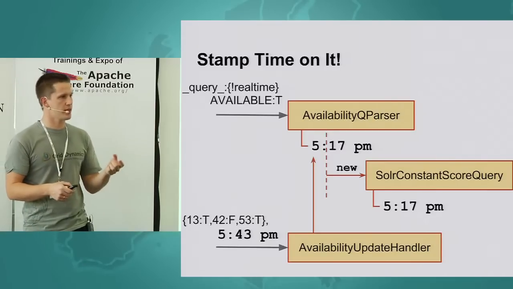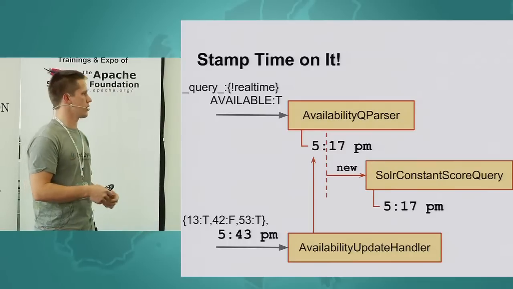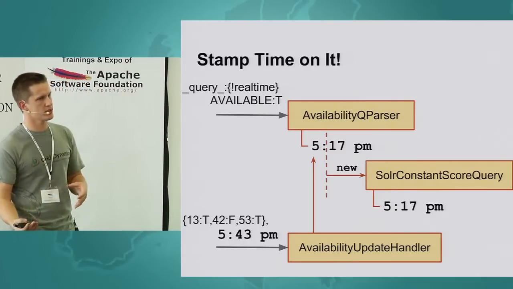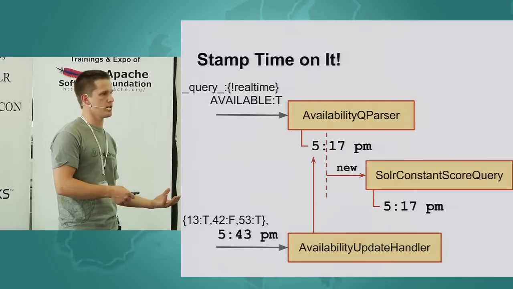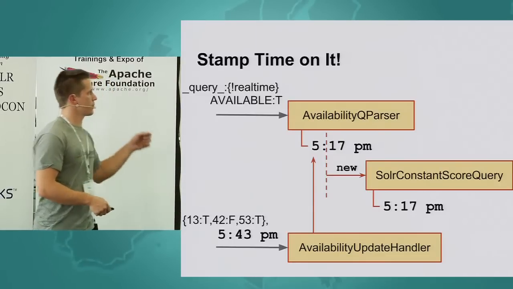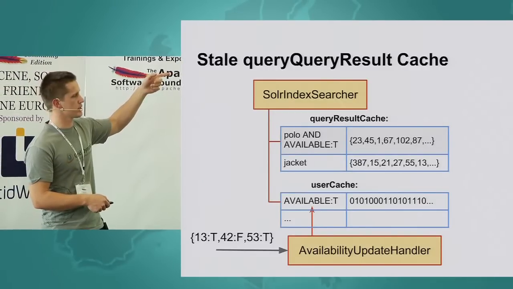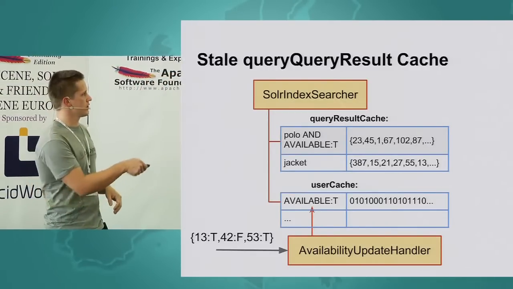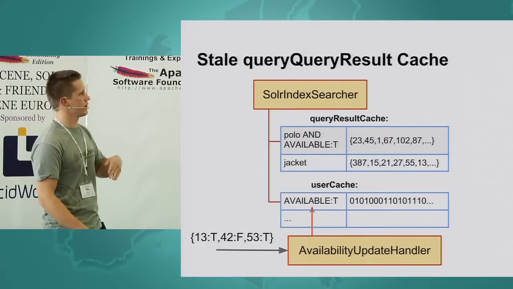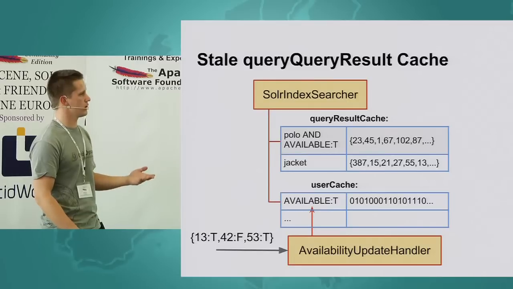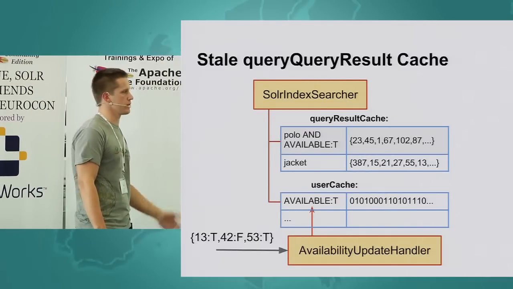And if we include the timestamp in the equals method, the new instances will not be equal to older instances, and we will have no positive cache hit in this cache. These queries will be reevaluated, and older entries will be evicted sooner or later.